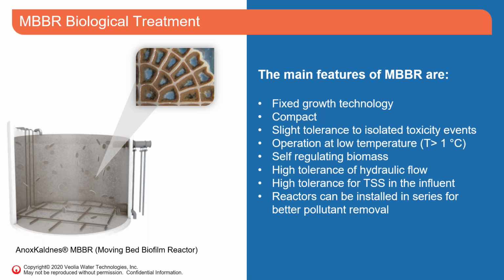There's a high tolerance to hydraulic flow as long as the loading is similar. There's high tolerance for TSS in the effluent; TSS doesn't bother the biomass at all. And reactors can be installed in series. Several reactors can be installed to remove different pollutants in the same treatment chain.